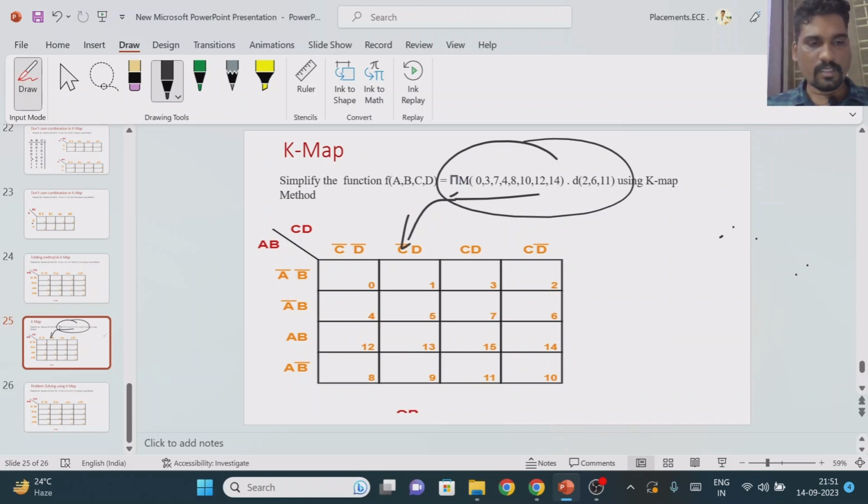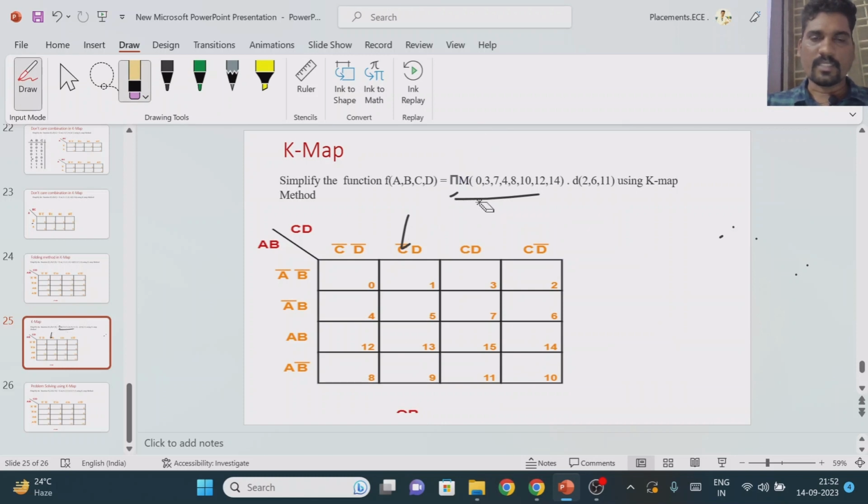So now I am considering this as the SOP function only, and I am going to solve the problem. What is the given max term? We will represent it in terms of the POS, but we will solve the problem in terms of the SOP only. Now what are the max terms we have been given? 0, 3, 7. Remember, in K-map plotting of SOP means we need to plot the ones.